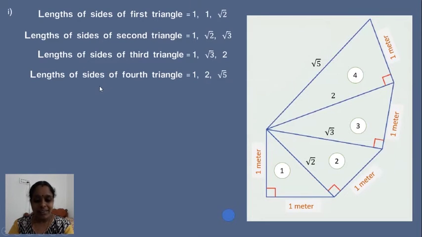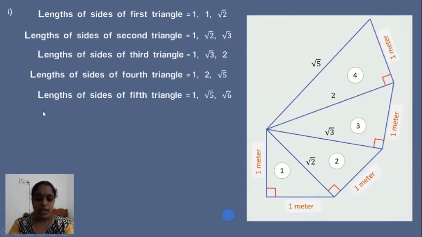So we can write the length of sides of fifth triangle is equal to, what is that? 1, √5, √6. So we can continue like this. We can write this length of sides of sixth one, seventh one, like that. Here we want to find the lengths of sides of 10th triangle.